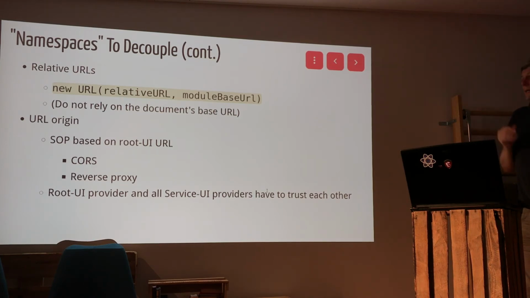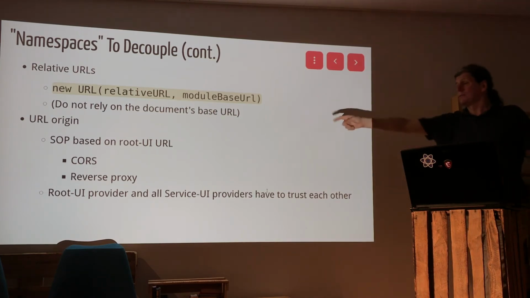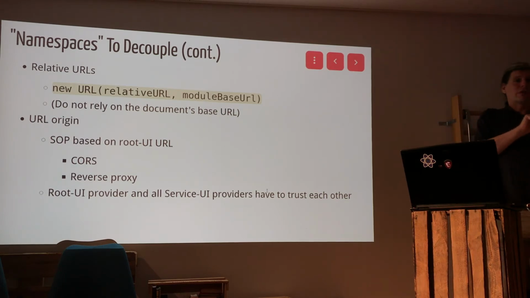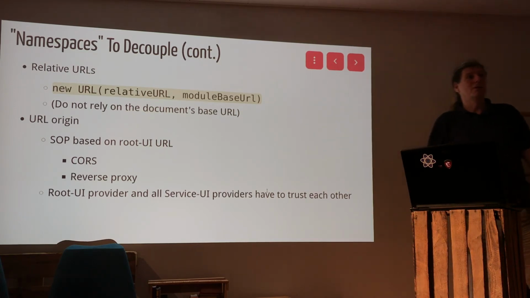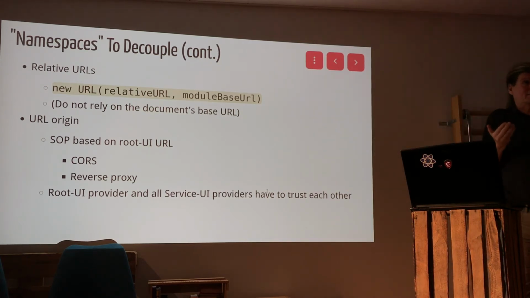What we have to do here is either add CORS headers to allow the interaction, or use a shared reverse proxy in front of all our microservices so that to the client it looks like everything is the same. In either of these two cases there must be trust between the different services.